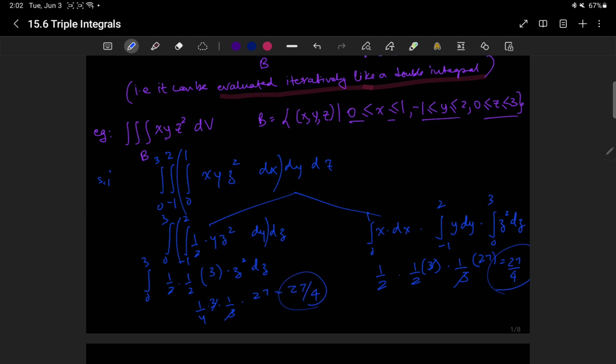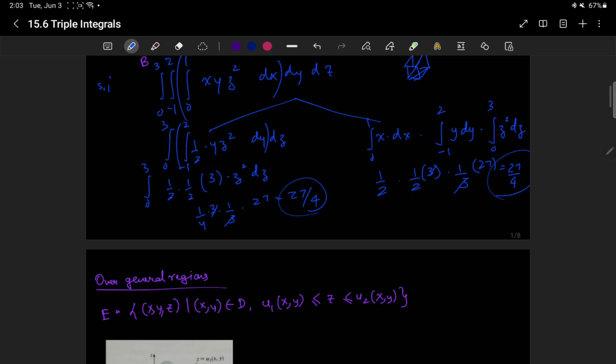So it gives you the same result, as expected. That's because this is the simplest form, which is a box. Here it's an actual 3-dimensional box over which we are evaluating the integral, instead of a general region. So that's Fubini's theorem.